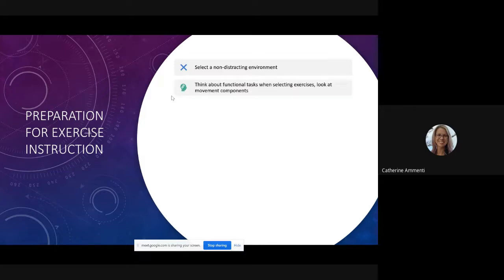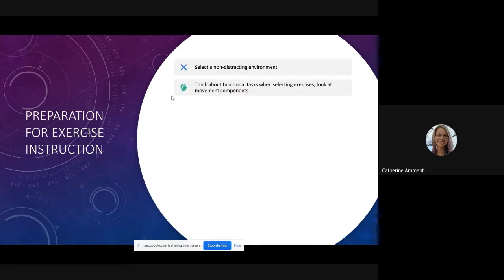You want to think about functional tasks when selecting exercises. So if they're having difficulties with household chores, think about what that functional task looks like. Does it require a squat? Maybe squatting is something that this patient is going to need to learn how to do properly in order to facilitate being able to get back to those functional tasks.